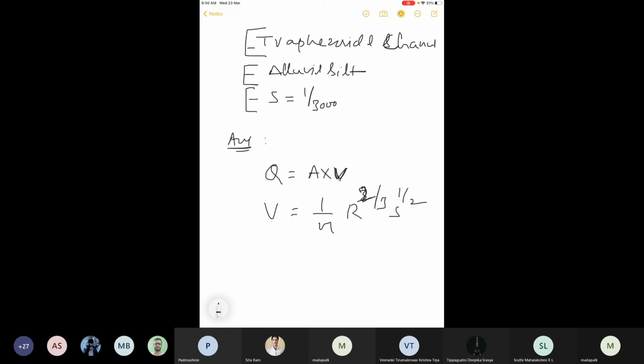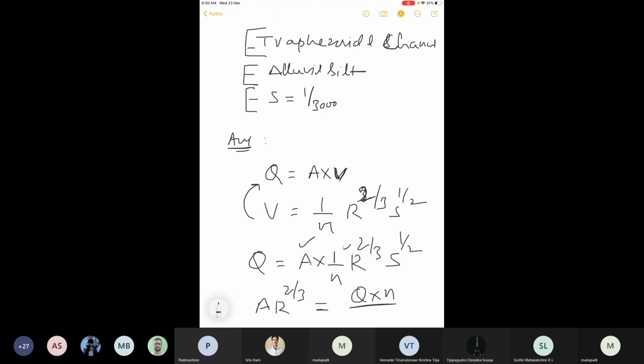Okay, so substitute it in here, you get Q is equal to A into 1 by N R power 2 by 3 S power half, or A R power 2 by 3. So you take these two terms and the rest you separate out. So Q into N divided by square root of S.